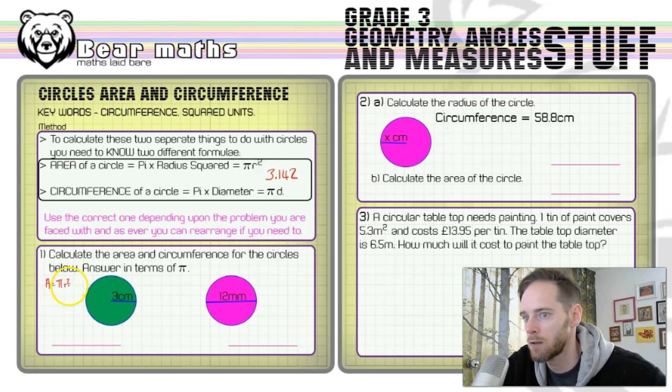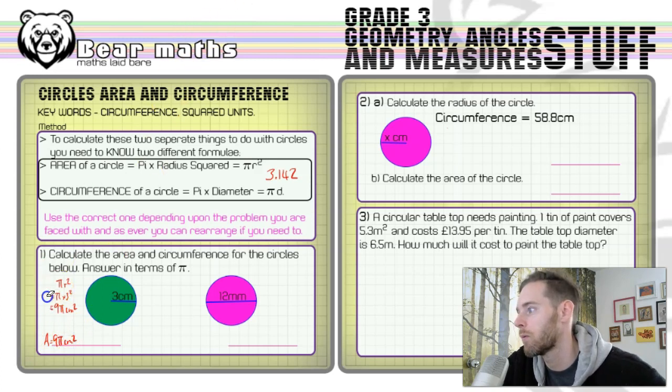There's our formula. Get used to it, use it, remember it. So A equals pi multiplied by 3 squared. 3 squared is 9, so equals 3 times 3, and then that would equal 9 pi. Now the units would be centimeters squared. There's our area. So I'm just going to write down area equals 9 pi centimeters squared.